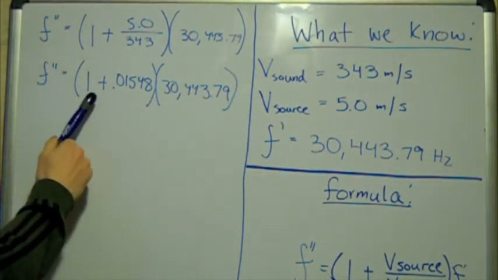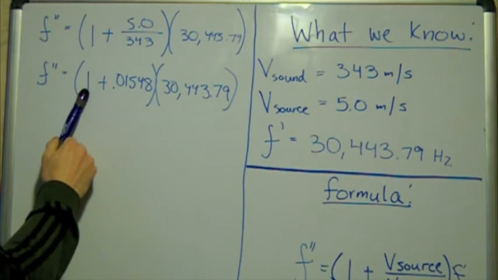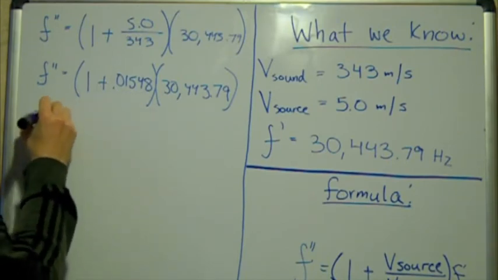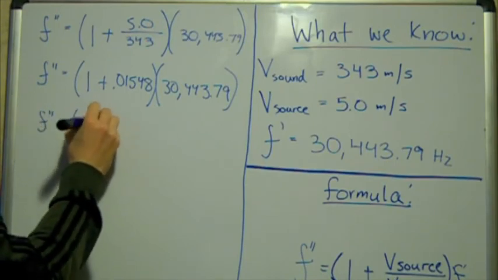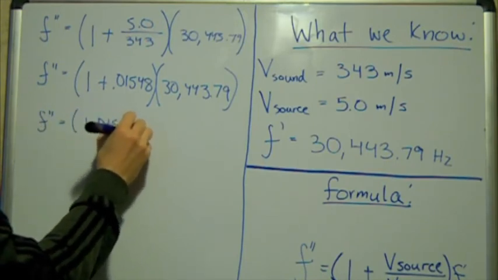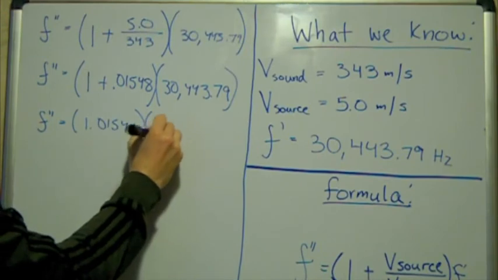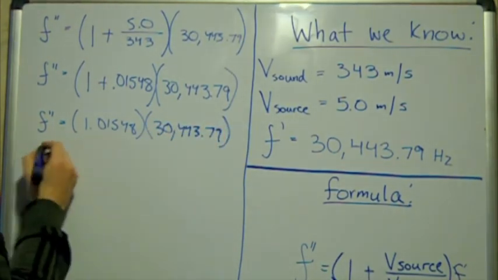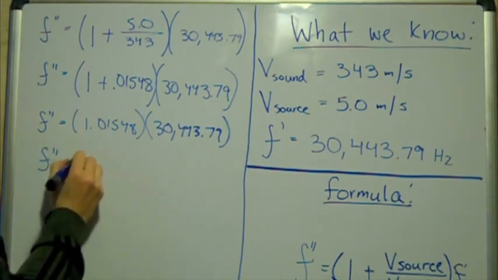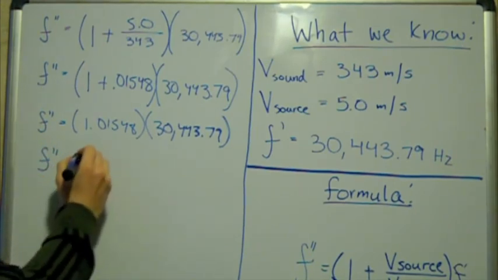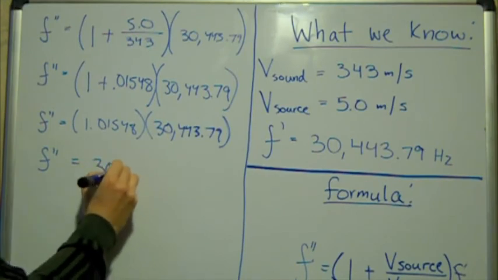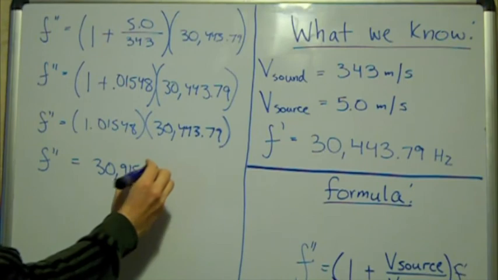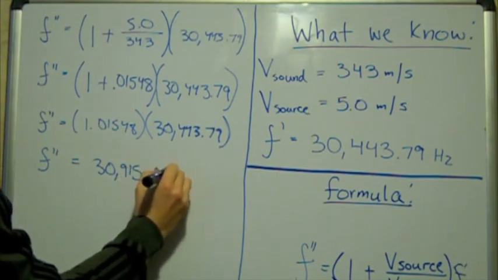At this point, all we want to do is add the 1 and the 0.01548 together. That's simply going to give us 1.01548. And we're going to multiply that by the 30,443.79. We simplify that on the next line. It's going to end up looking like 30,915.05987.